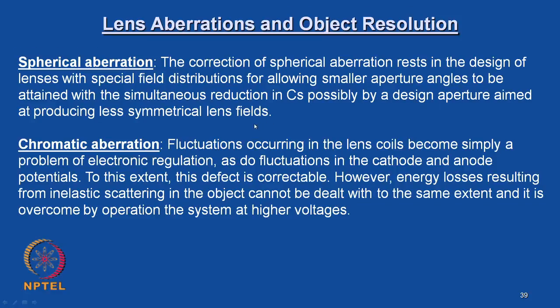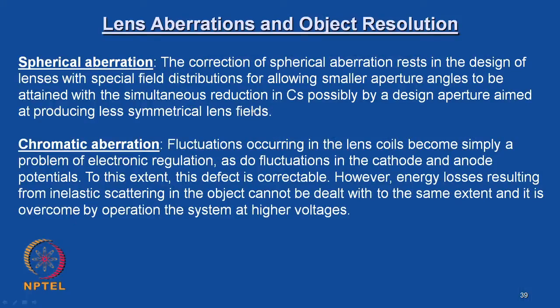So, as I mentioned, this particular aberration is very important, and how much we can reduce this will finally determine the resolution of the optical system, and we will see its numerical significance in a few minutes.